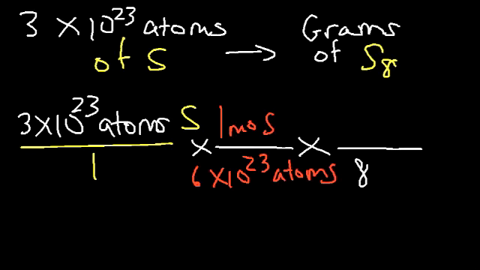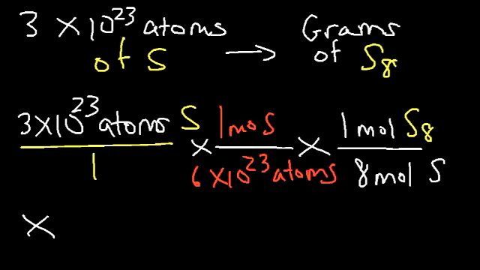So for every 8 moles of sulfur atoms, there's 1 mole of S8 molecules. So here we have more like a molar ratio instead, but it's the same. We still have the 1/8 ratio. So instead of saying for every 1 molecule of S8, there's 8 atoms of sulfur, we're saying for every 1 mole of S8, there's 8 moles of sulfur atoms, which is the same. So it shouldn't affect our answer.